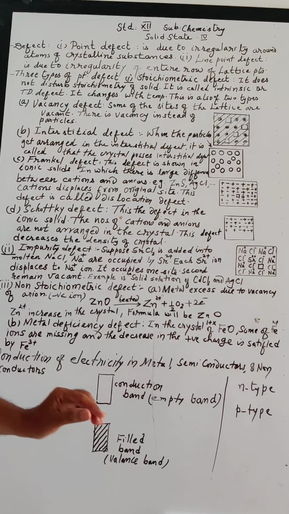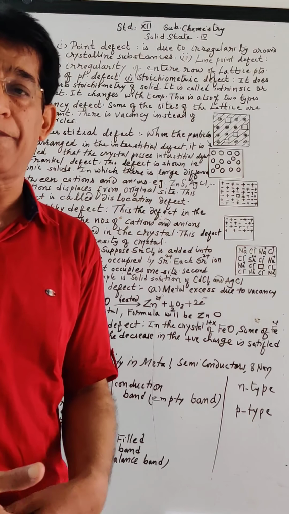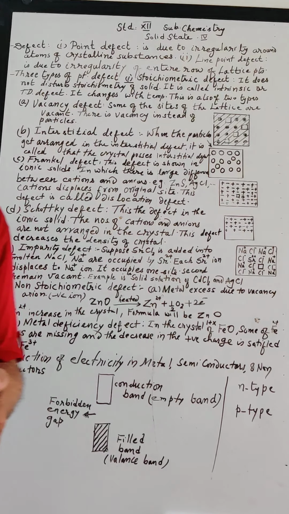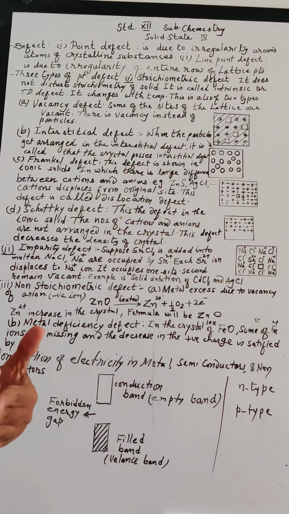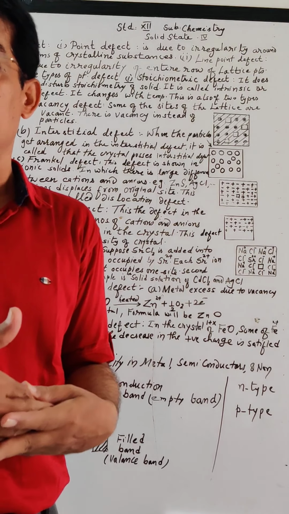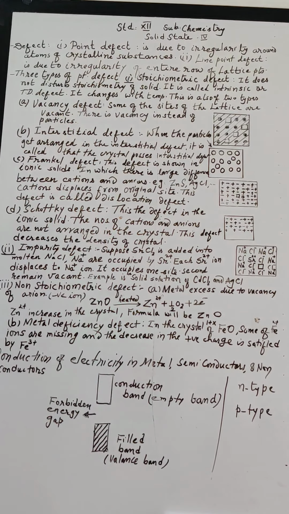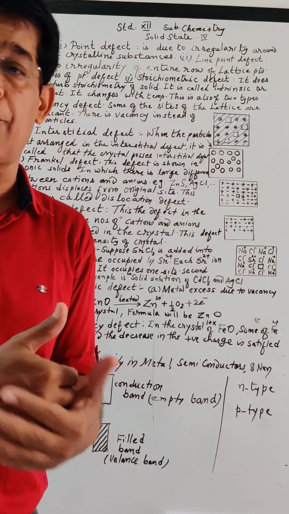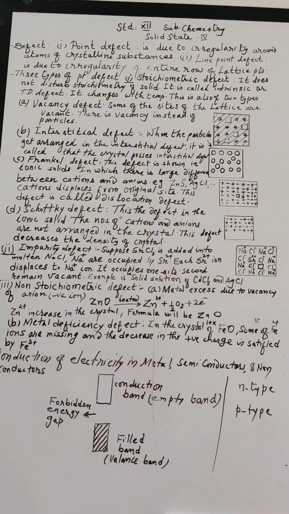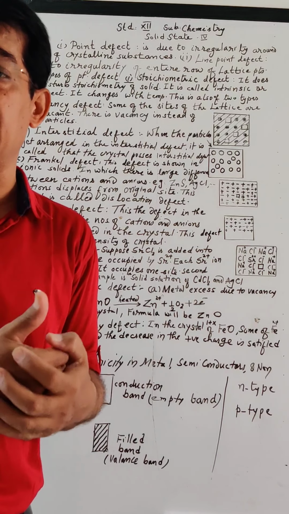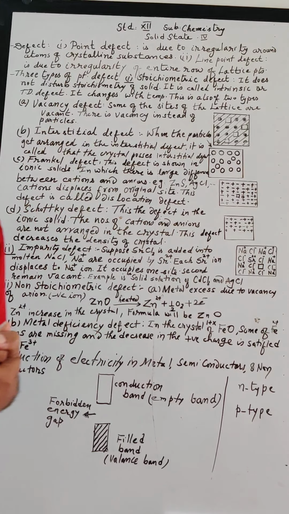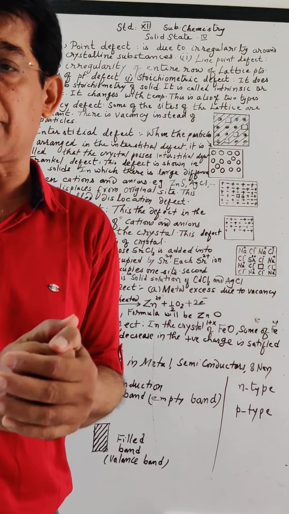The space between two bands is called energy gap. If the energy gap is small, electrons can go to the conduction band from the valence band. If the distance is more, electrons from the valence band are not able to go to the conduction band, so conduction does not occur. This is called a non-conductor.